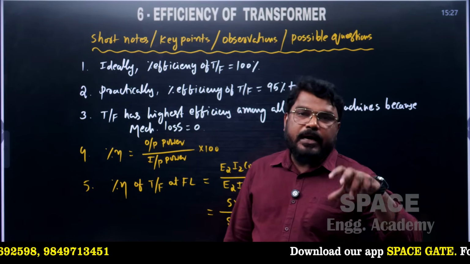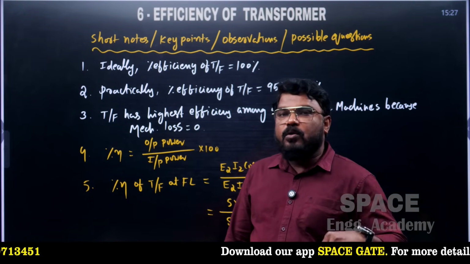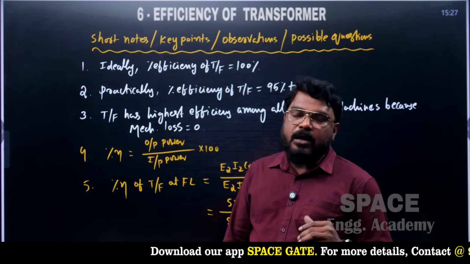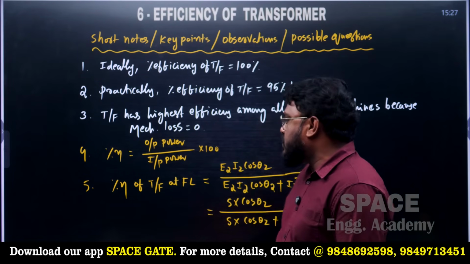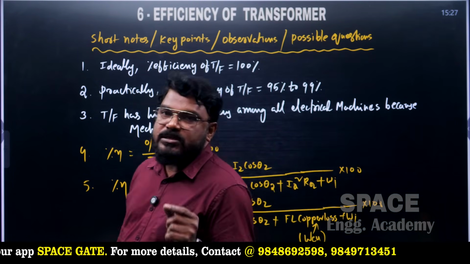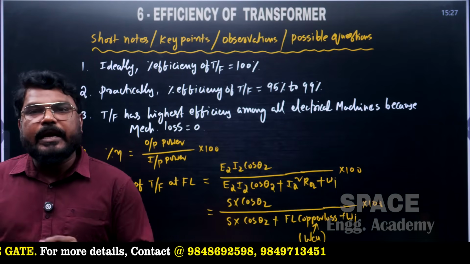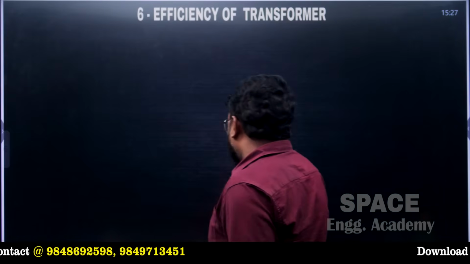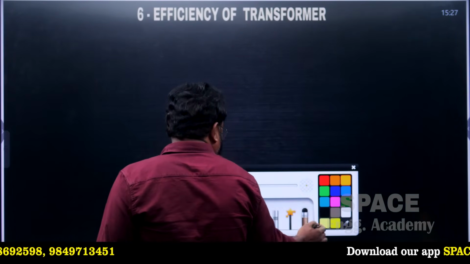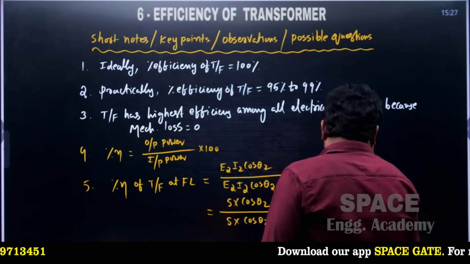That is, however the load is given, whatever fraction of full load, how do we calculate the percentage efficiency? So how to calculate percentage efficiency of the transformer at any x of the load. This is another formula.